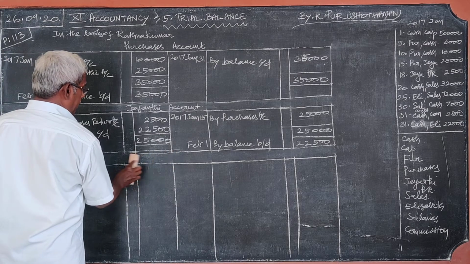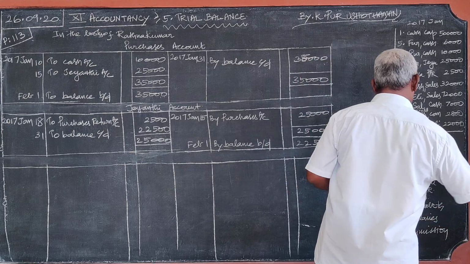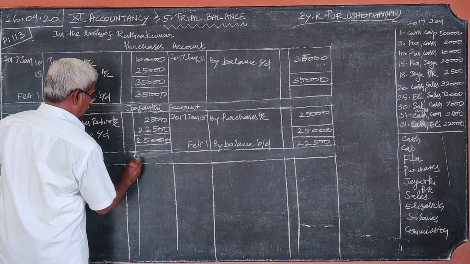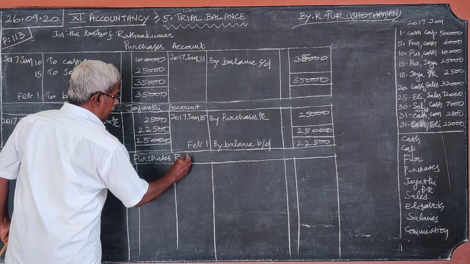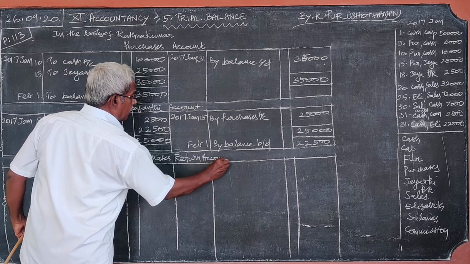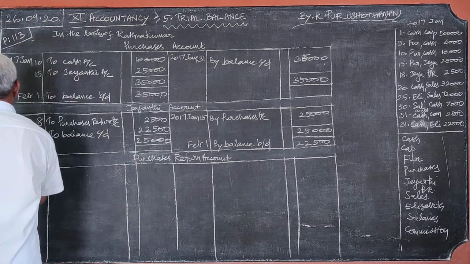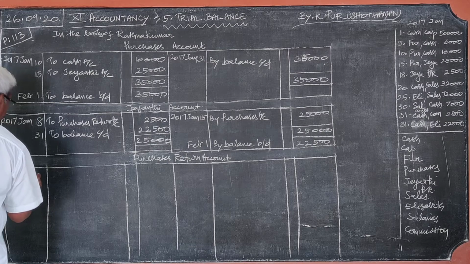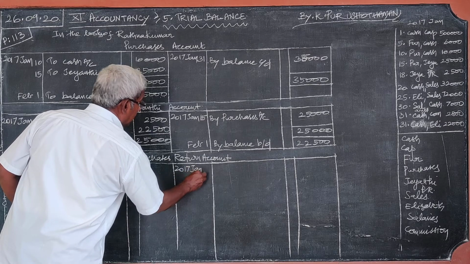The next ledger is purchases return. Where does it lie? 2017 January.